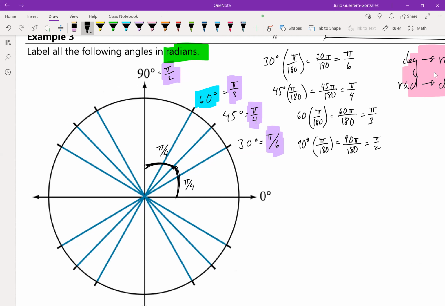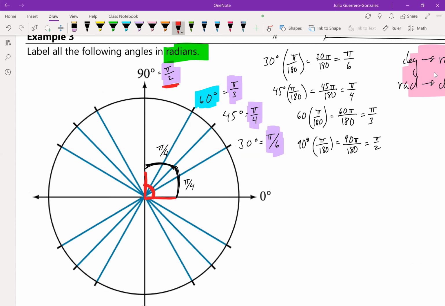And it turns out all of these angles are summative. So you can sum up angles to get the new angle. So this angle right here, from this initial end to this terminal end right here, we know that's 90 degrees, which should be pi over 2.